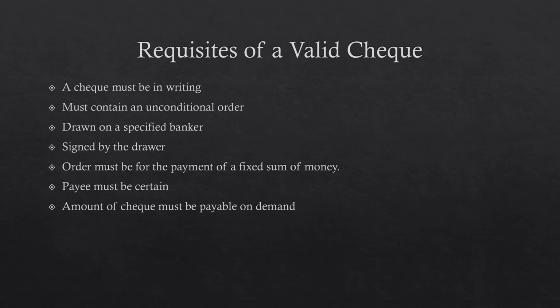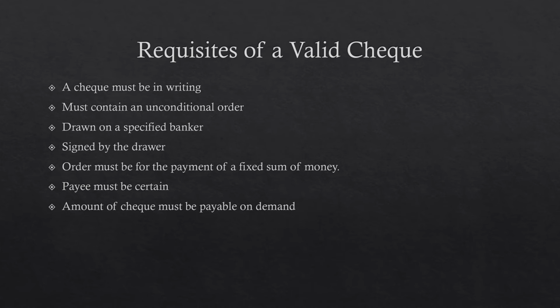The second point is that the check should carry an unconditional order, which means that no conditions should be attached to the order, and if so, that will become a conditional order and it cannot be treated as a check.